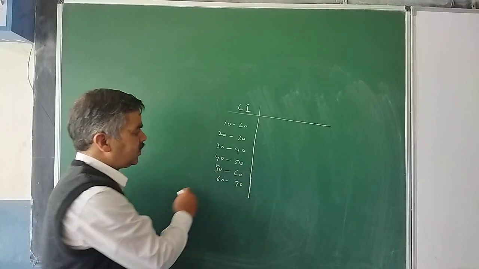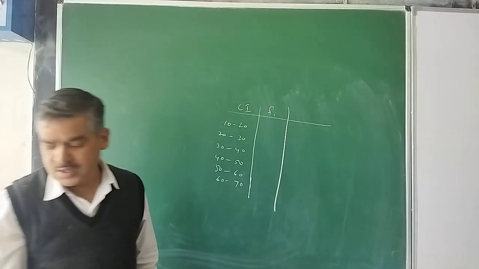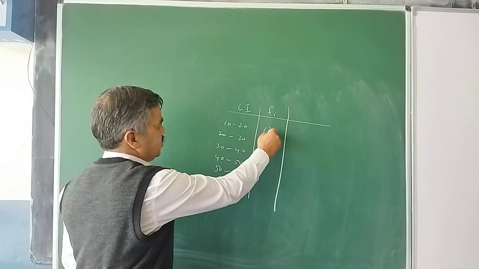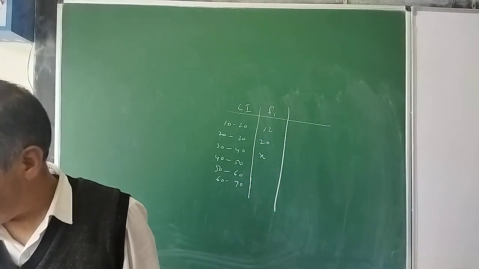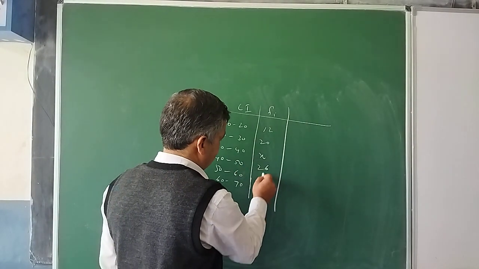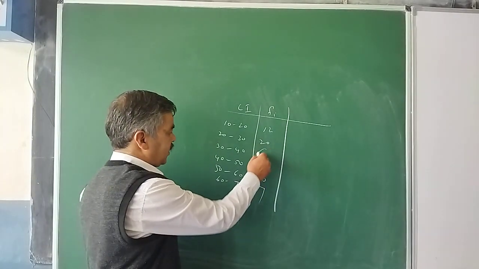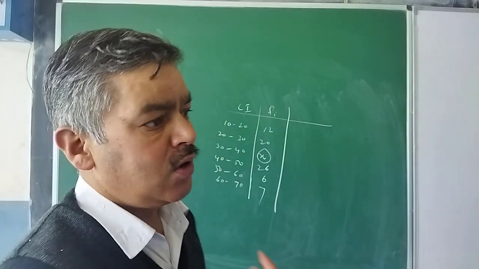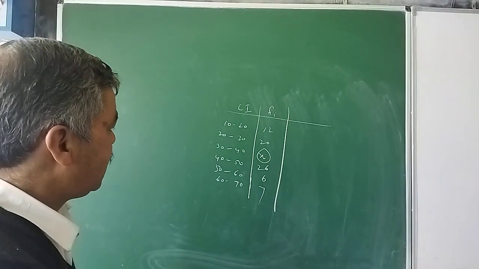Their frequencies are also there, and one of the frequencies is missing. So this is 12, this is 20, this is X, I am taking the missing one, and then suppose this is 26 and 7. Now I need to calculate this missing frequency. I am taking the case of one missing frequency first, then I will shift to the two missing frequencies.